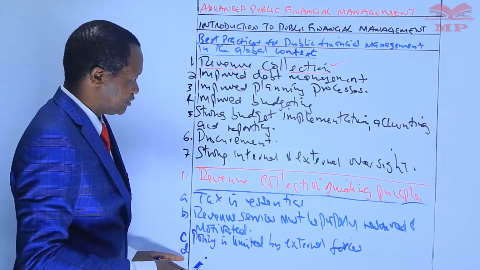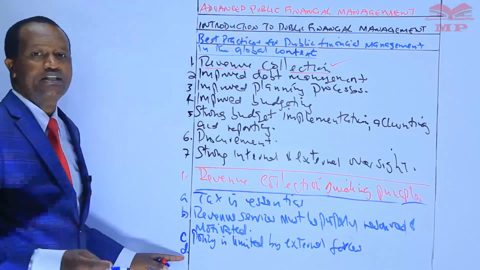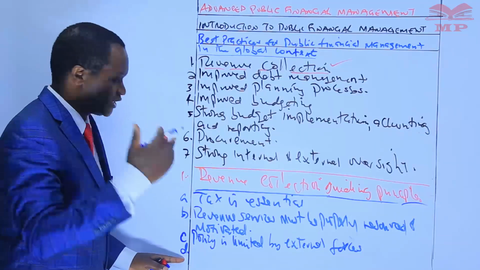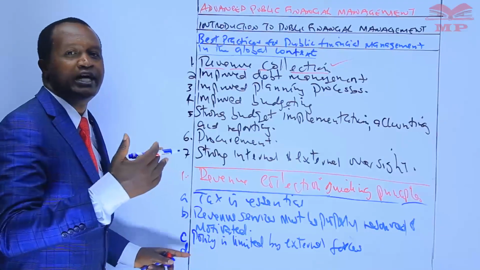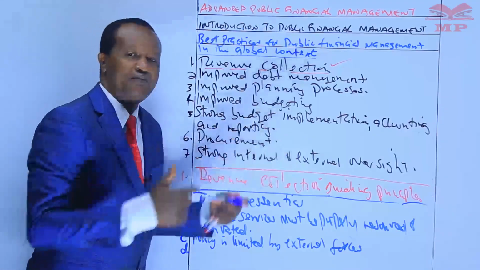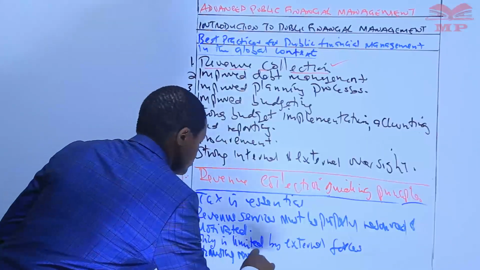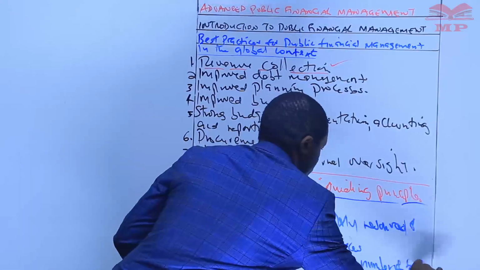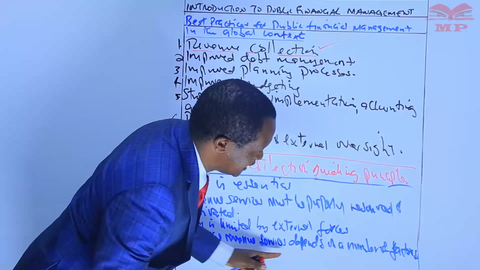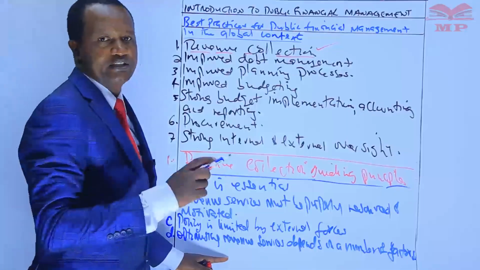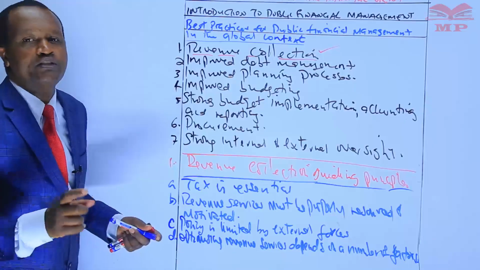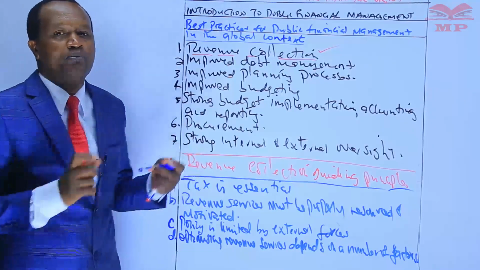The other principle or best practice here is that optimizing the revenue services depends on a number of factors. One of them is determining an appropriate policy for the country's specific economic development.